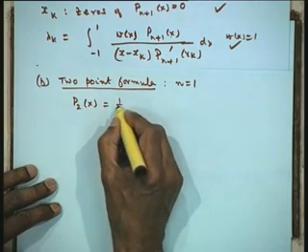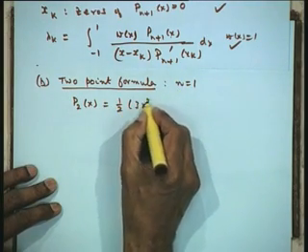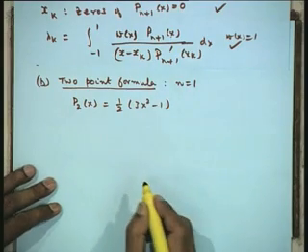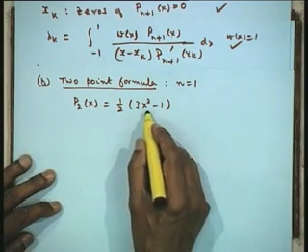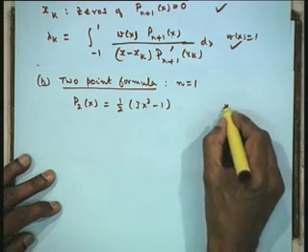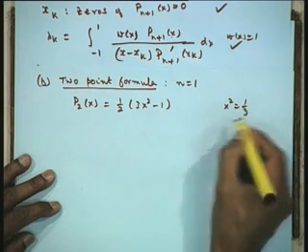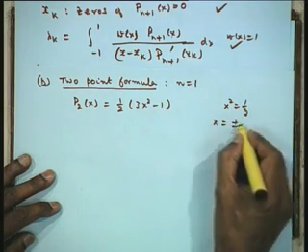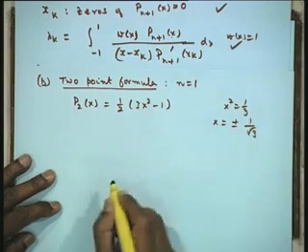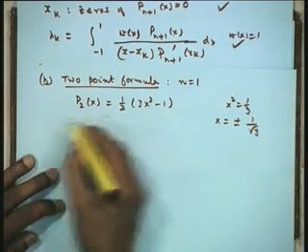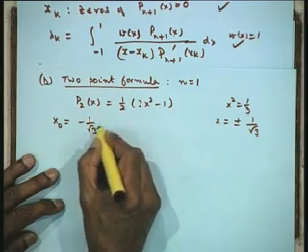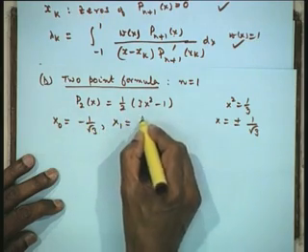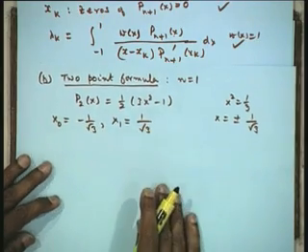P 2 x is equal to half 3 x squared minus 1. Now, the roots of this, if you set it equal to 0, you will get x squared is equal to 1 upon 3, therefore, x is equal to plus minus 1 upon root 3. Therefore, the abscissas are x 0 is minus 1 upon root 3, x 1 is 1 upon root 3.